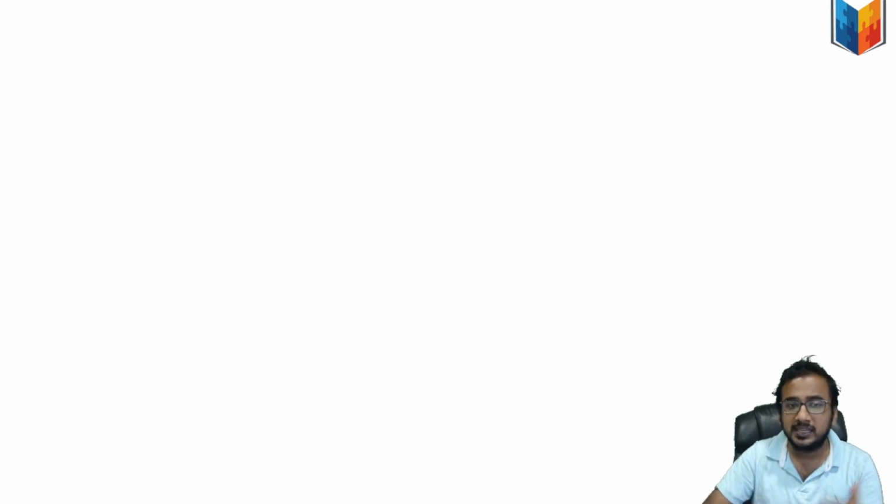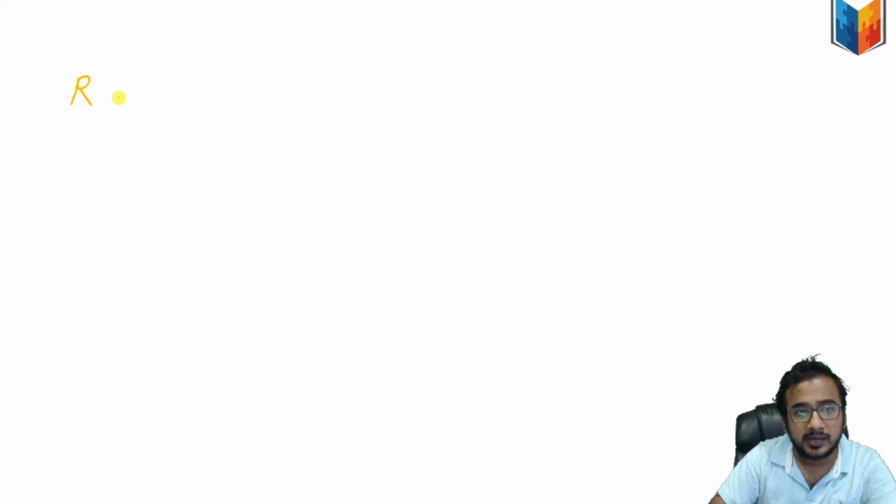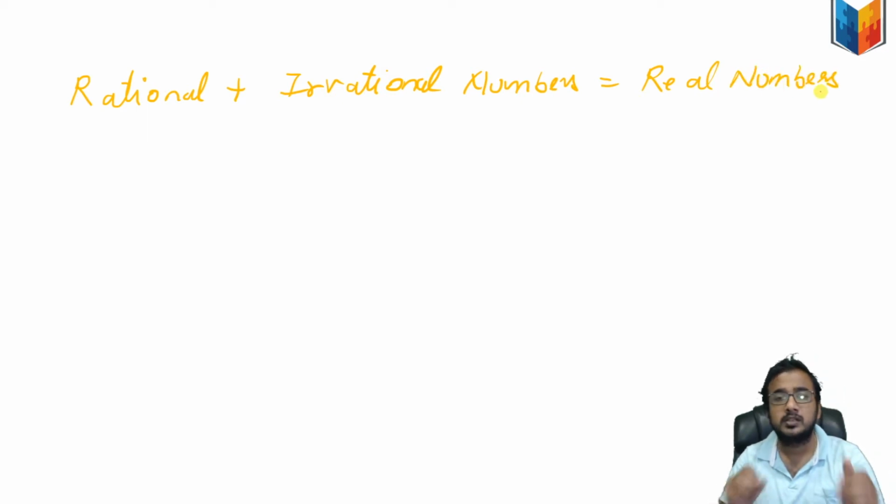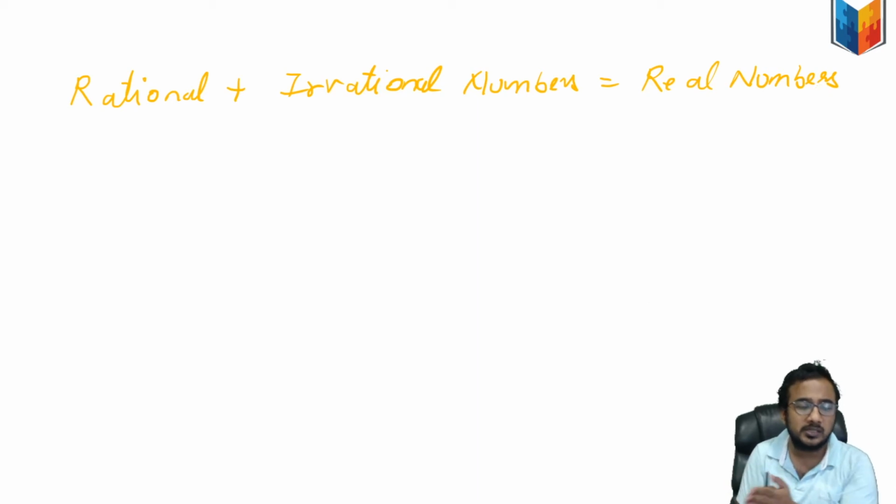If I say in combined form, rational numbers plus irrational numbers is equal to real numbers. So rational plus irrational is your real numbers.